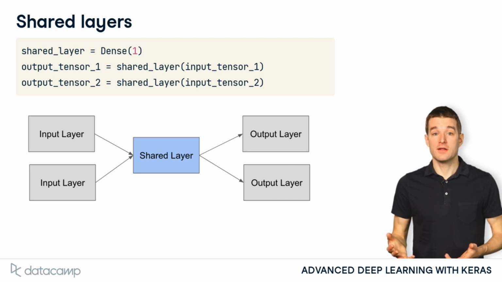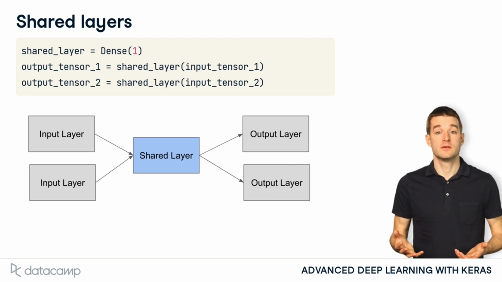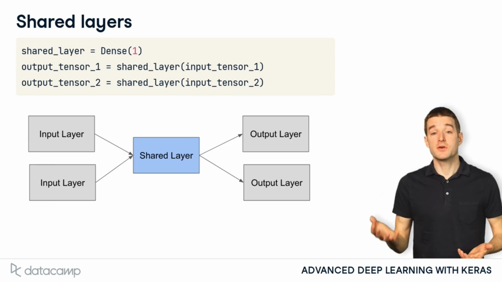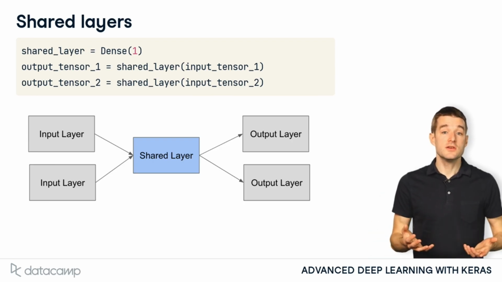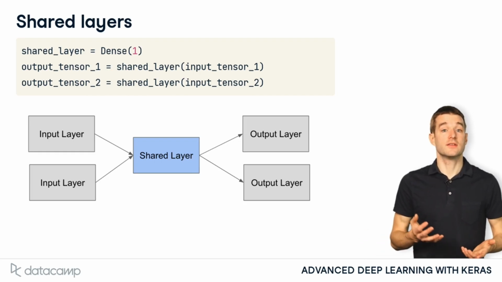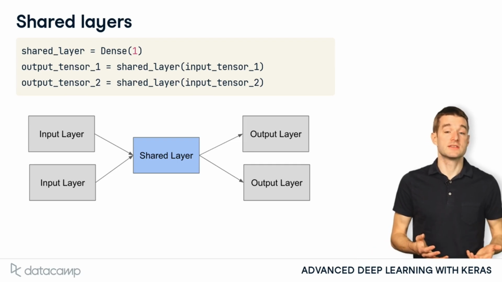Recall from chapter 1 that the dense function returns a function as its output. This function, which dense outputs, takes a tensor as input and produces a tensor as output. You can use the same dense function to create a shared layer. Doing so is as simple as calling the function twice with a different input tensor each time.